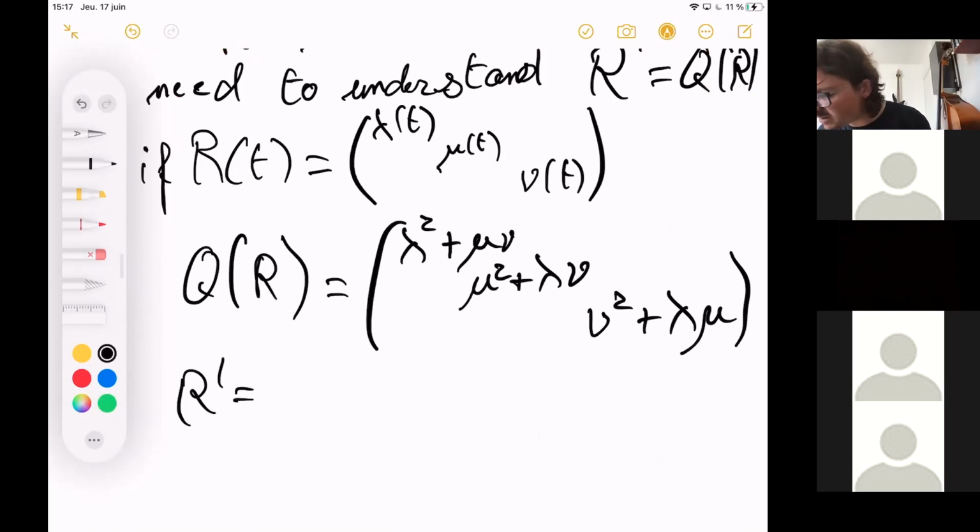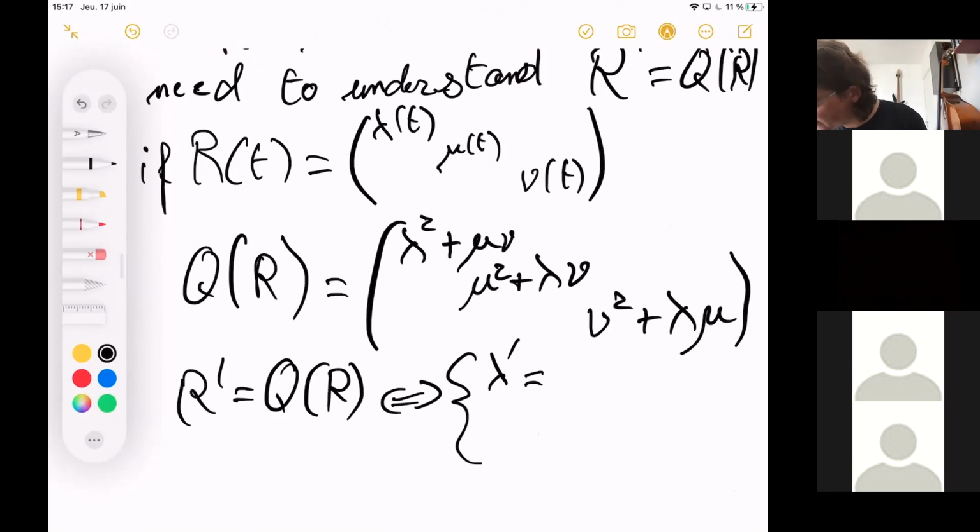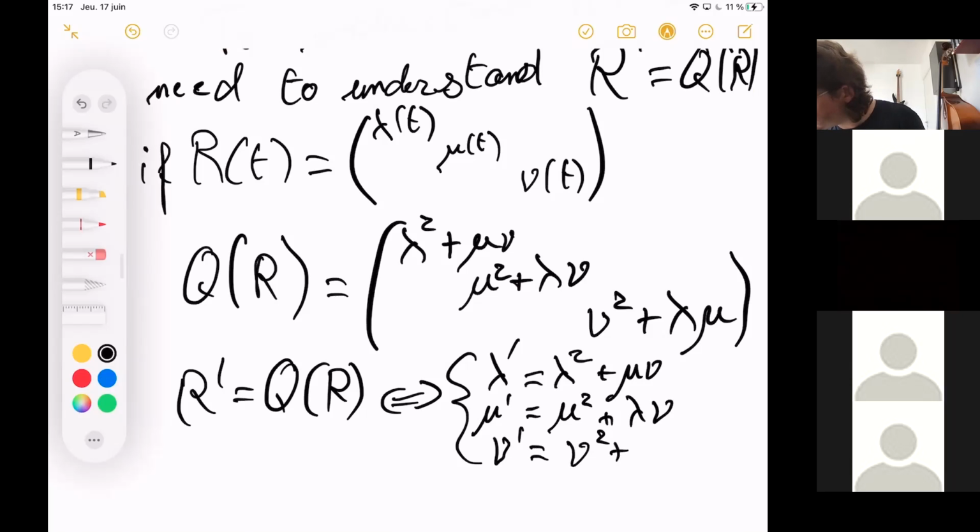So R' = Q(R) is then equivalent to the following system of three ODEs.